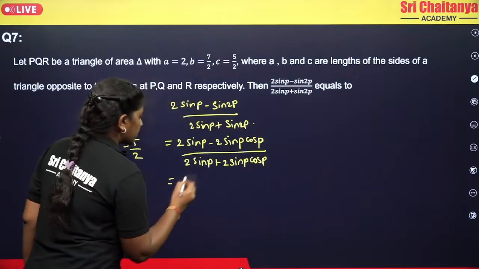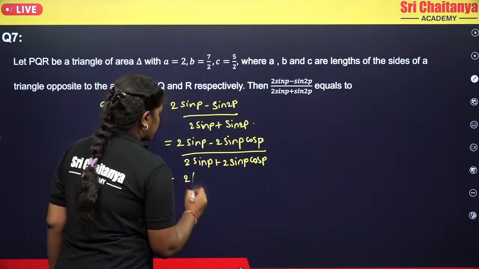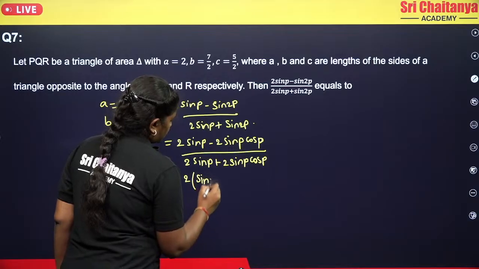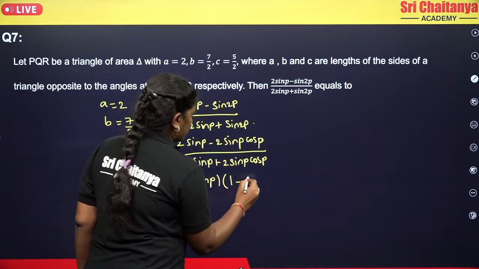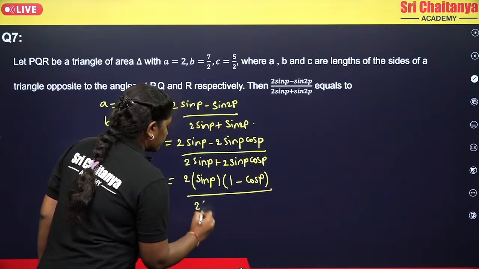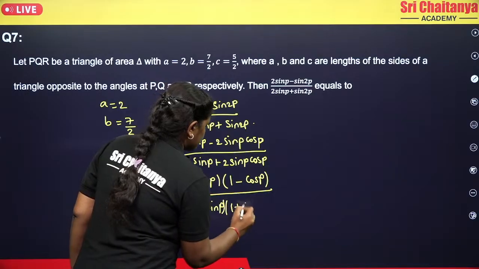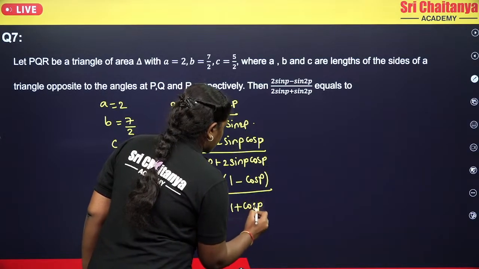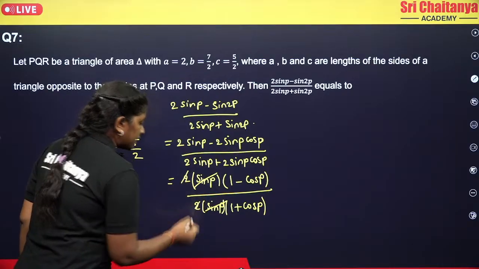Now if you look here, we can take 2 sin P common. So here what we will get is 1 minus cos P by 1 plus cos P, as 2 sin P and 2 sin P get cancelled.